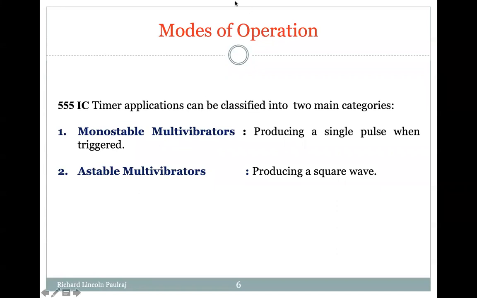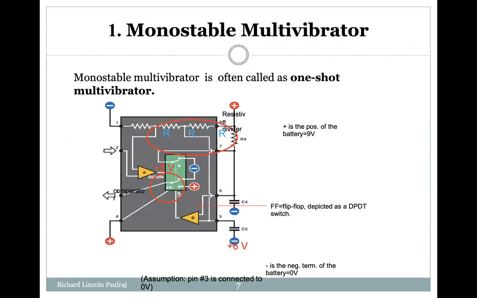Mono means one. Astable means not one but many are going to come, and it doesn't need a trigger. Astable multivibrators produce a square wave at any point of time, without needing an activating trigger. But in monostable, we need to trigger it, and it's going to give only a single pulse.